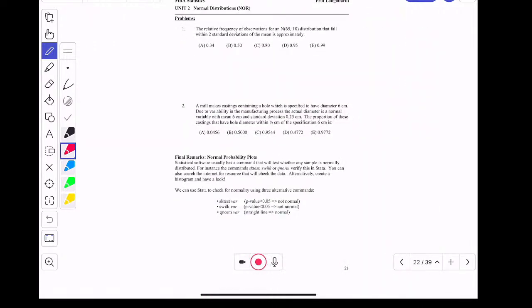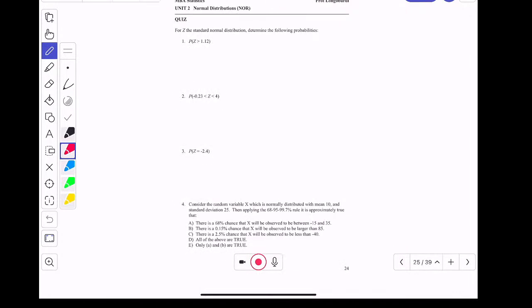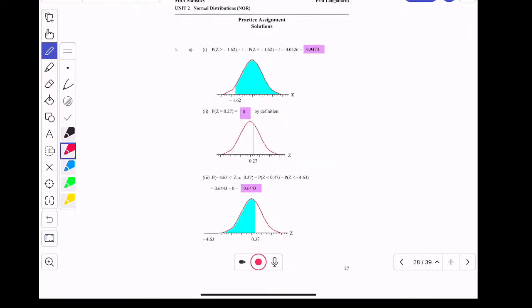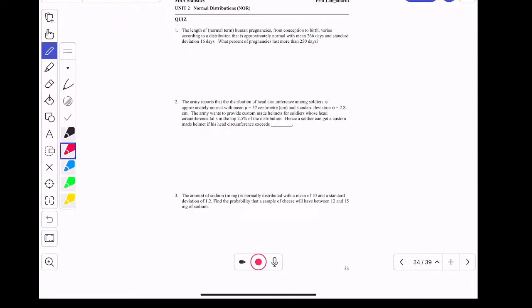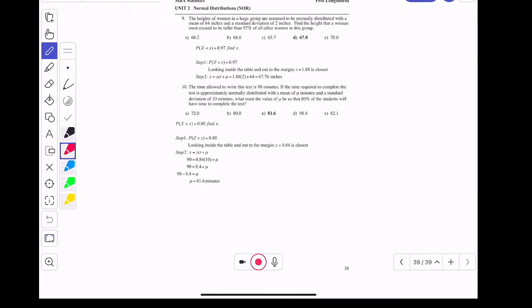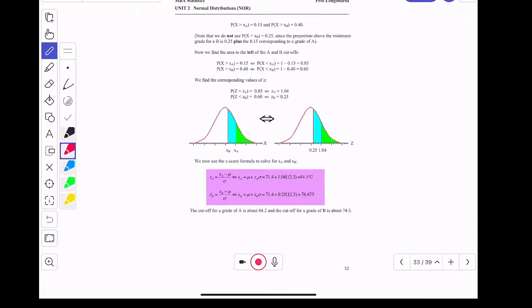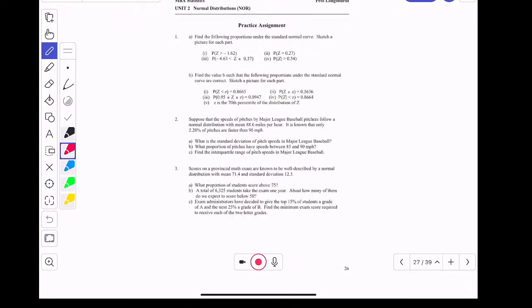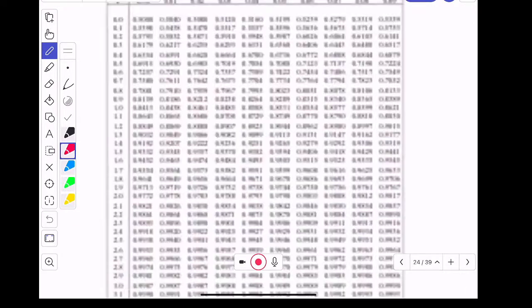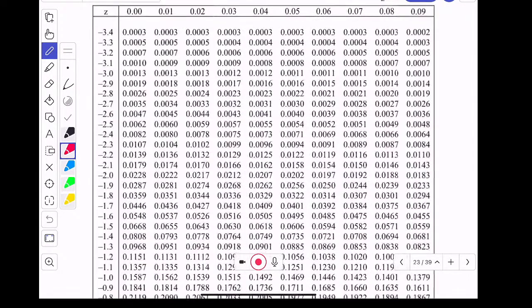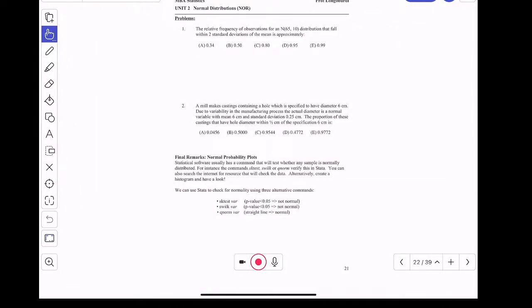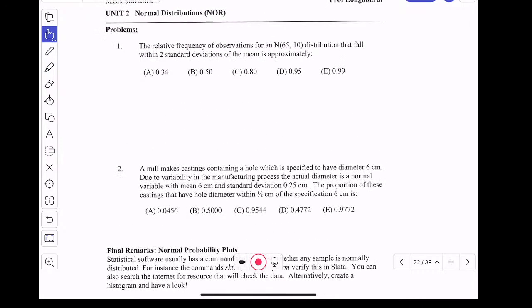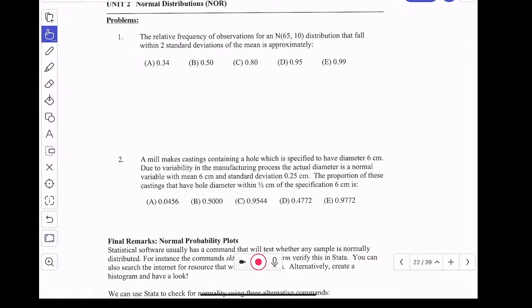And I guess there's 2 more here that I didn't give you the answers for. I have the answers for everything except maybe these. Maybe we can just do these 2. You have the quiz online, and the answers to the practice assignment. You have these problems all solved, so you have solutions for everything except for these 2. Let's do these 2 together and then I'll go to those correlations.